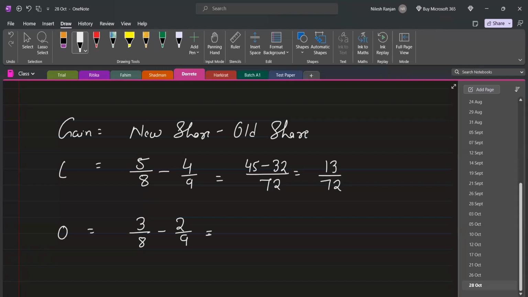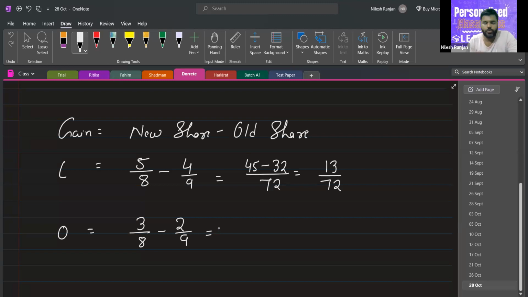So, sir, what is the correct method to calculate addition and subtraction? No, you have done it correctly, no problem with that. But I'm just curious about this thing.